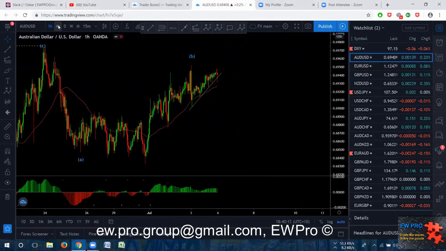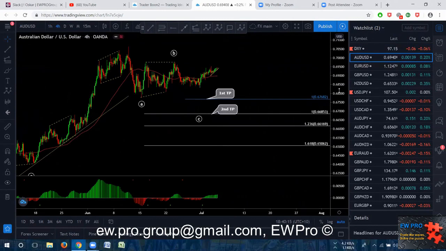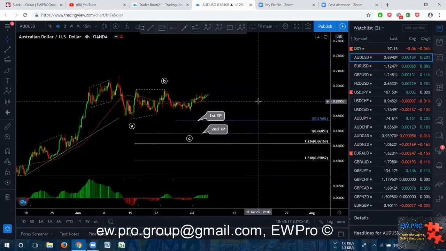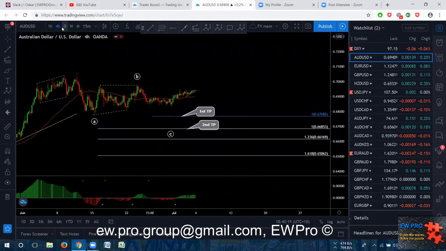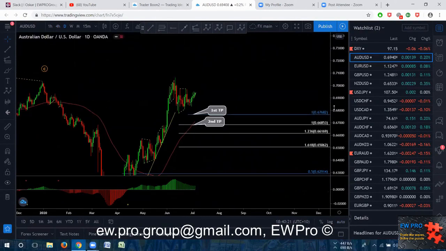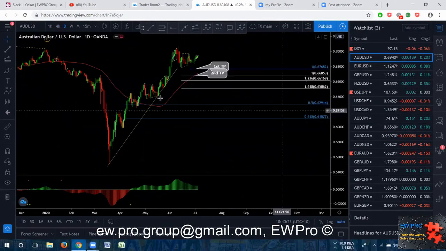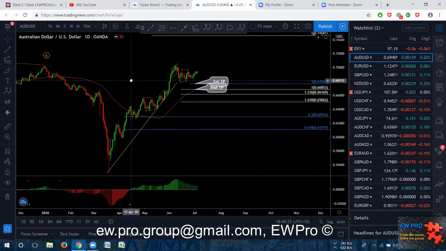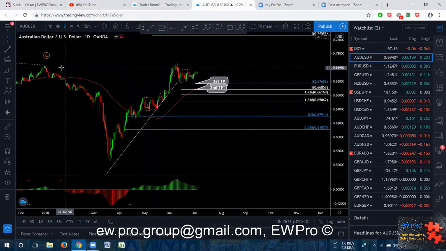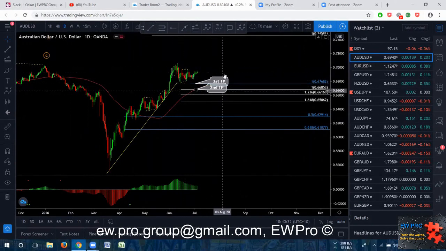If we have a look at AU, I'll start with the daily. On the daily, we've broken this top here. We've broken this top. So I'm looking for a larger correction.